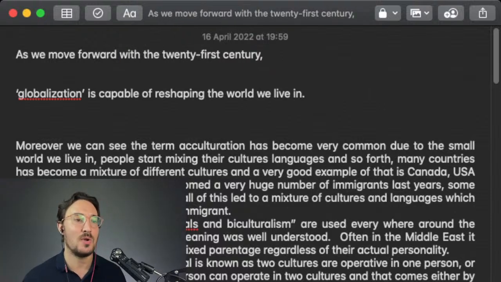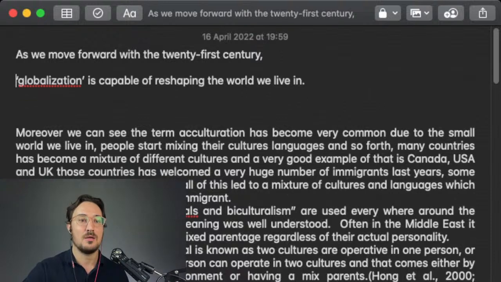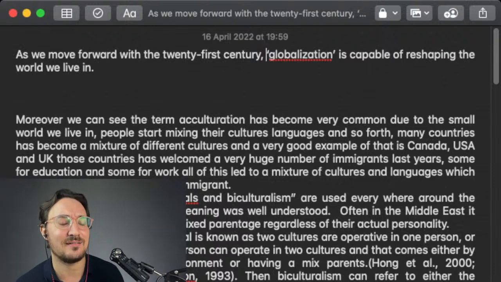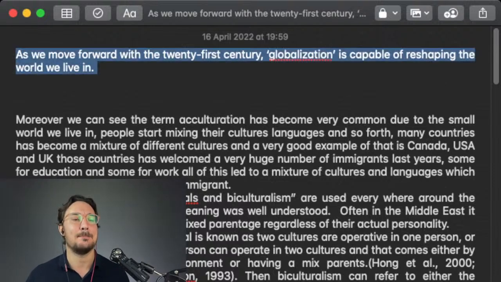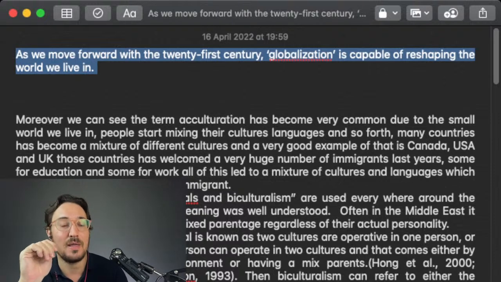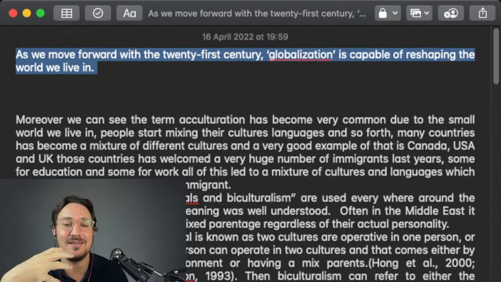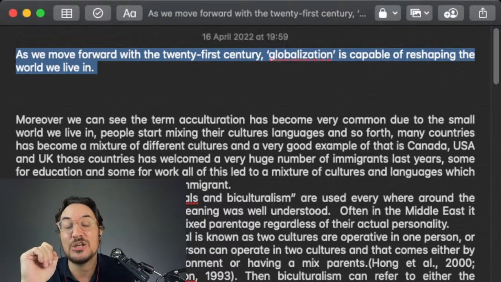As we move forward with the 21st century, globalization is capable of reshaping the world we live in. Yeah, it still doesn't sound perfect, but I think the central lesson here is that you should just focus on being clear. If you're writing academic work, just focus on being clear and coherent. Don't bite off more than you can chew.